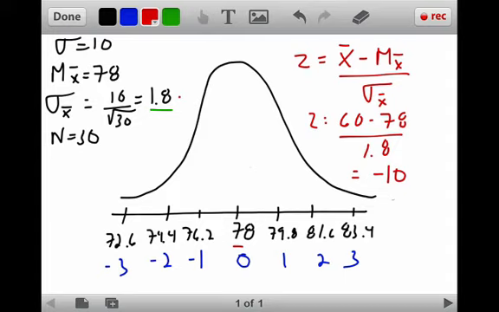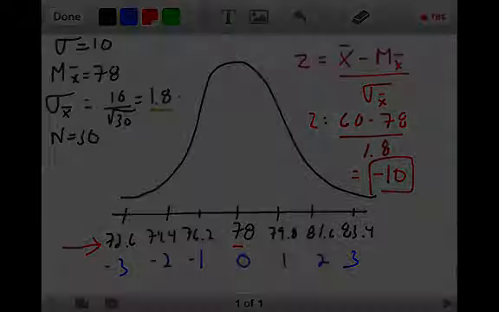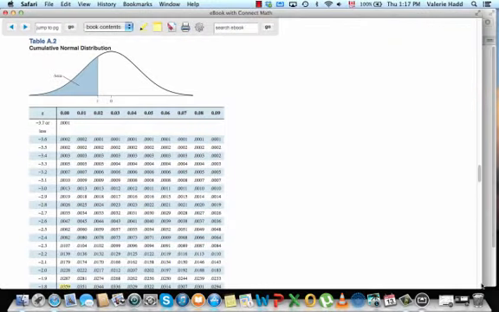Like we did before, we can try to draw it on the table, but as you can see, we don't see 60 anywhere. The smallest value is 72.6, okay? So now to find the probability in the area, we need to use the value of minus 10, our z-score, and find the actual proportions or probability in the table. Okay, so this is our z-score table.